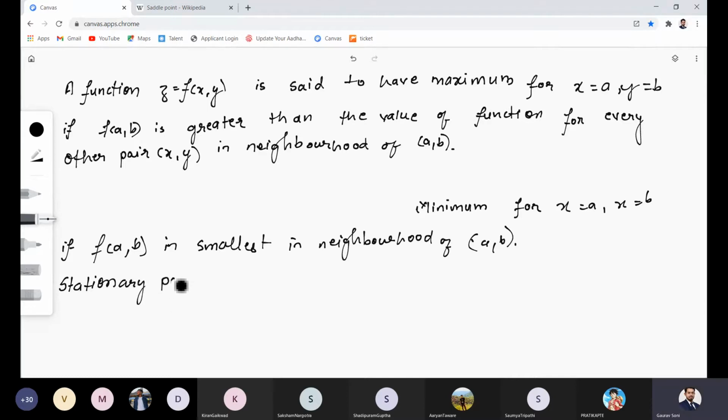Stationary point. Please note this definition down, even if you haven't written the previous one. This is important.